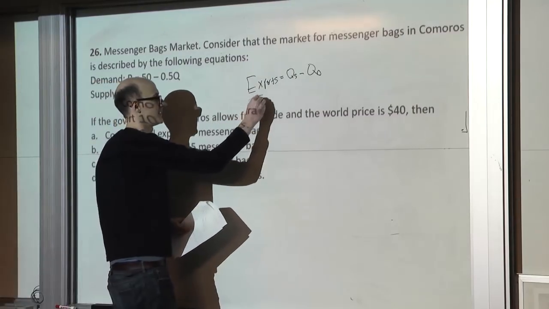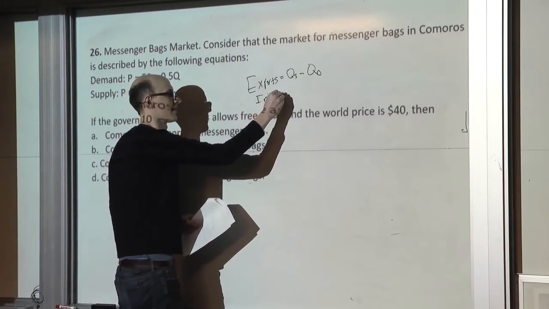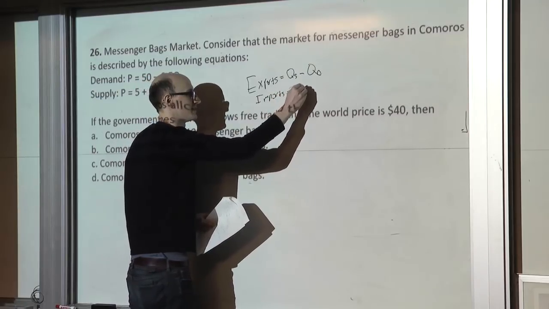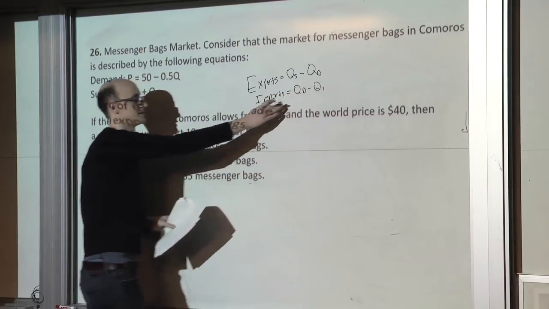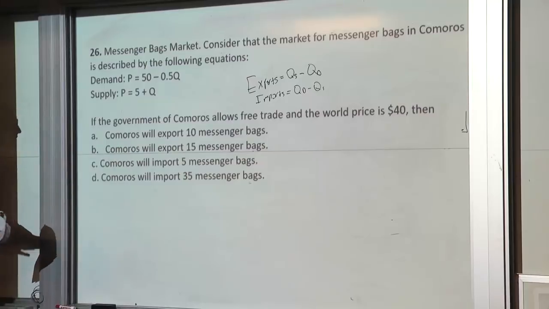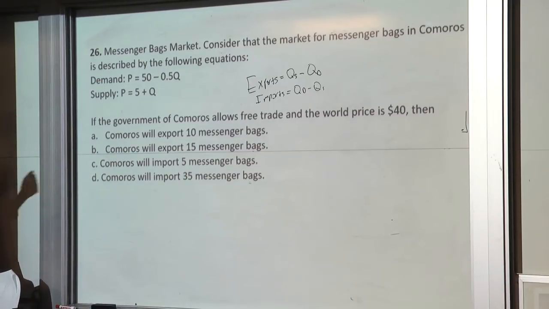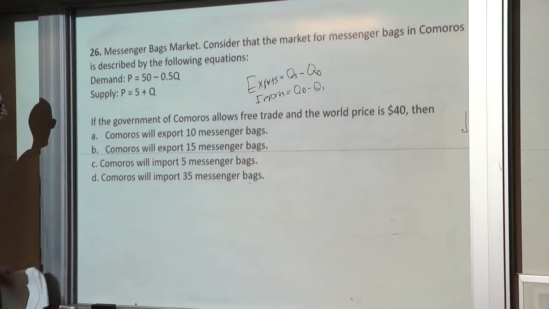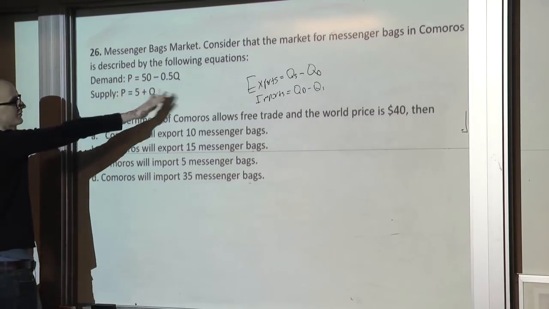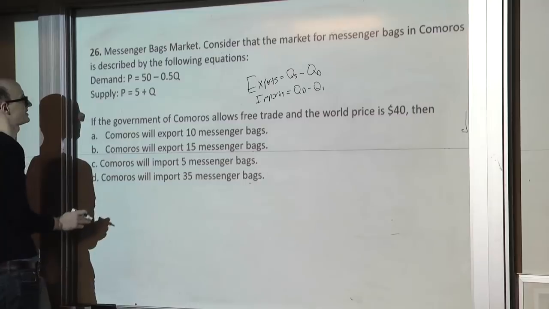And imports would obviously be the reverse, quantity demanded minus quantity supplied, because if quantity demanded is greater than quantity supplied, it means we need to import some from outside our country, right? So we just plug in to find quantity supplied and quantity demanded.